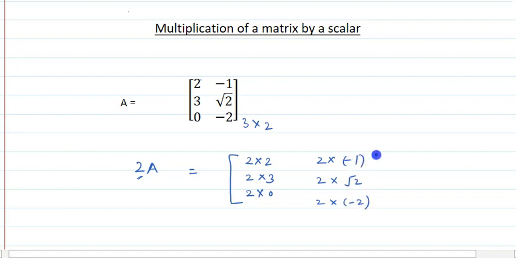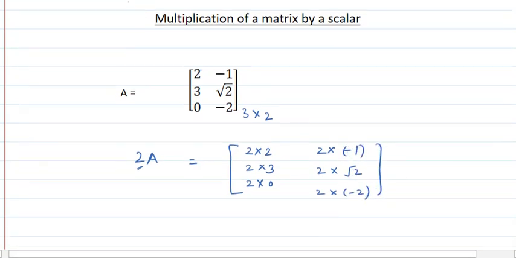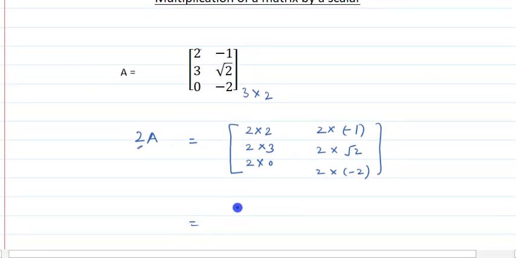So after multiplication we are getting 2A as 4, 6, 0, minus 2, 2 root 2 and minus 4.